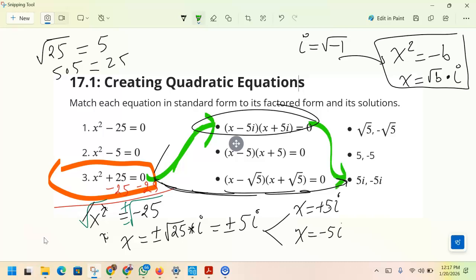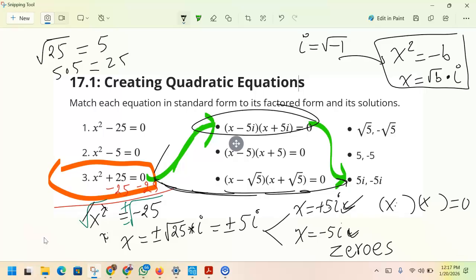The reason is the moment you have the two values, we can write in the factored form like this. The factored form basically means we put x and x, and these are called the zeros. The only thing is they are not going to be x-intercepts. They are called roots, zeros, or the solutions.